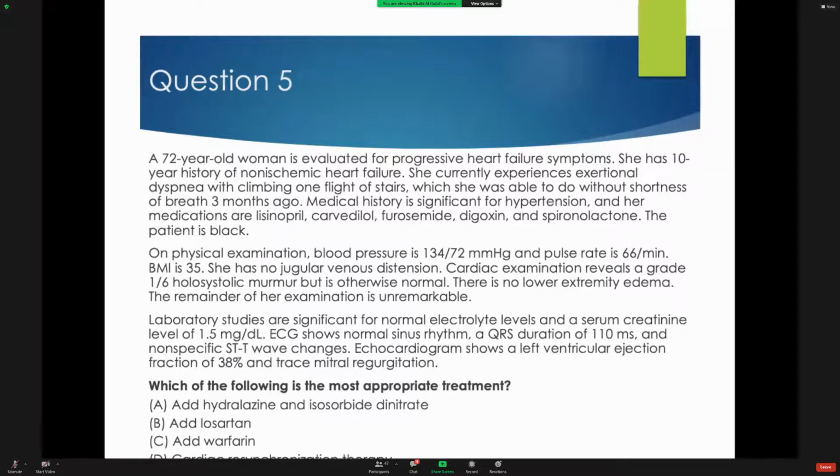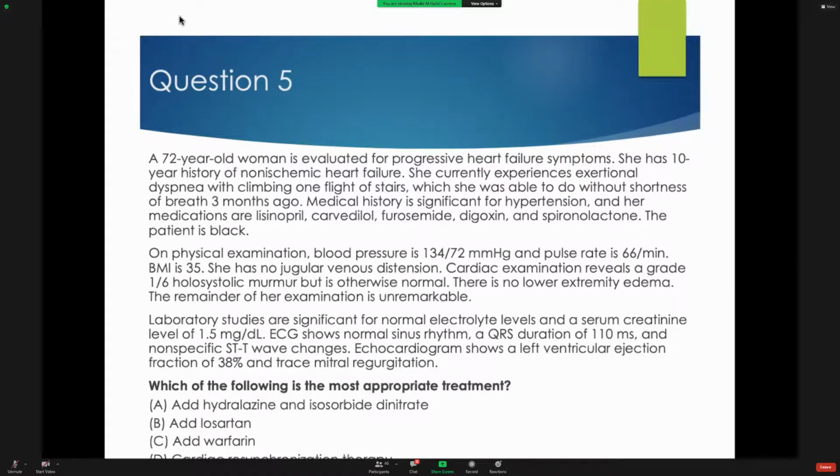BMI is 30. She has no jugular venous distension. Cardiac examination reveals a grade 1/6 holosystolic murmur, but is otherwise normal. There is no lower extremity edema. The remainder of her examination is unremarkable. Laboratory studies are significant for normal electrolyte levels and a serum creatinine level of 1.5.